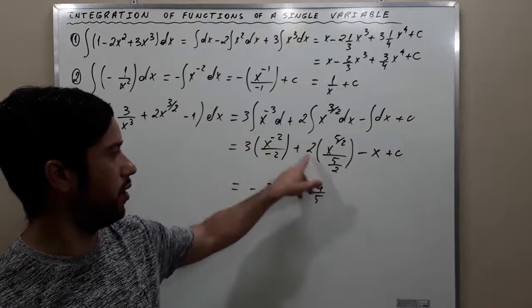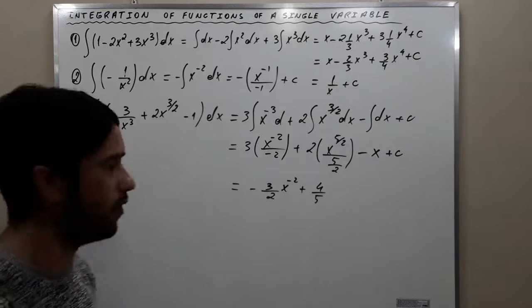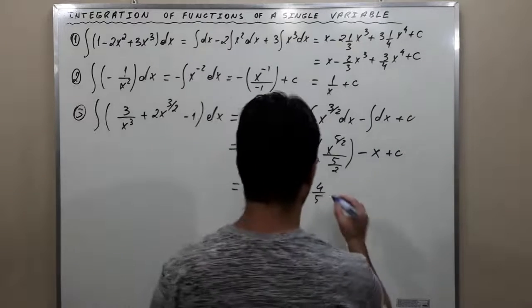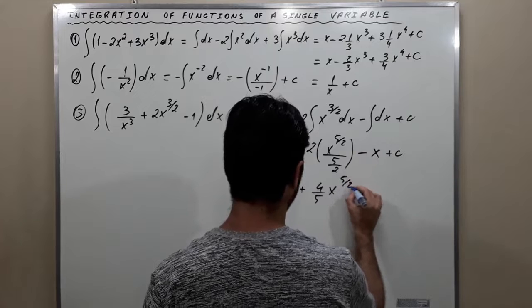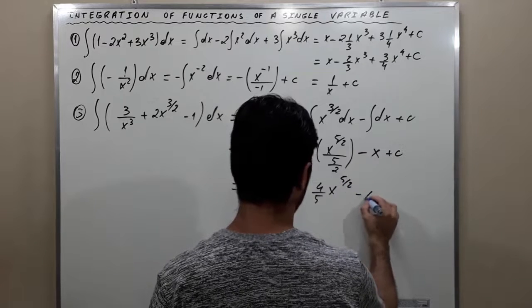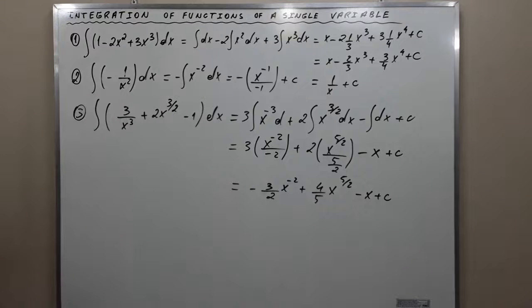This denominator here is going to multiply this 2 here. It becomes 4 divided by 5, x raised to 5 halves minus x plus c. Okay? This is the third exercise.